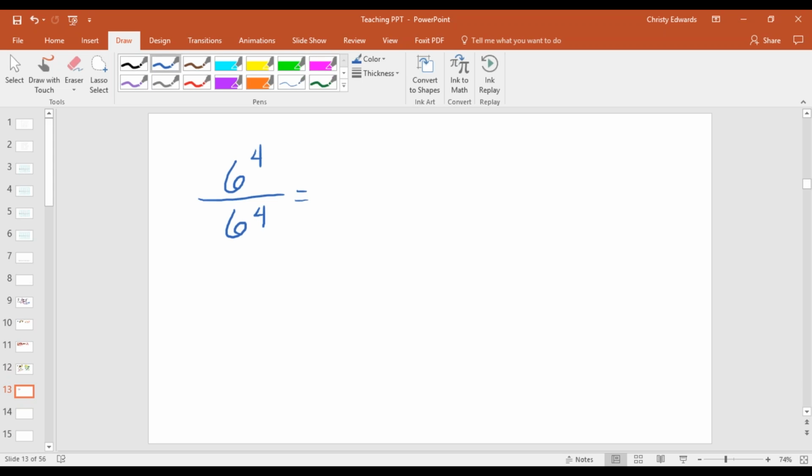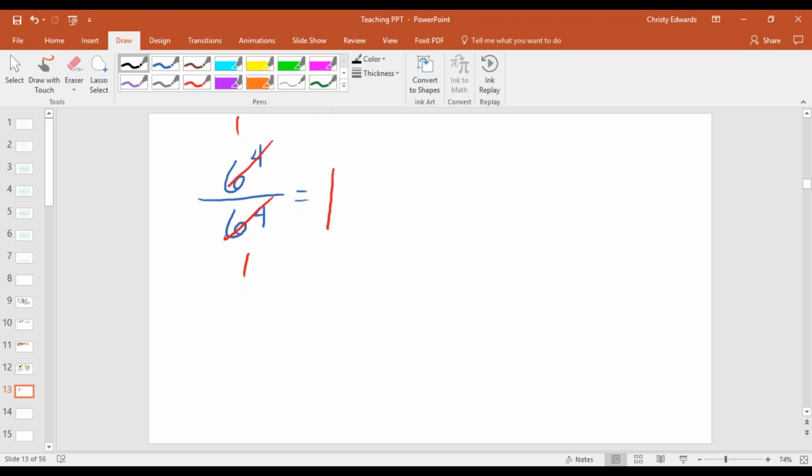6 to the 4th over 6 to the 4th. If you didn't even know the power rules, wouldn't you be able to think through it? 6 to the 4th, whatever number that is, even if you had to figure out the number, 6 times 6 times 6 times 6, wouldn't you know you're going to get the same thing on the bottom? That thing and this thing would cancel each other out to 1, right?